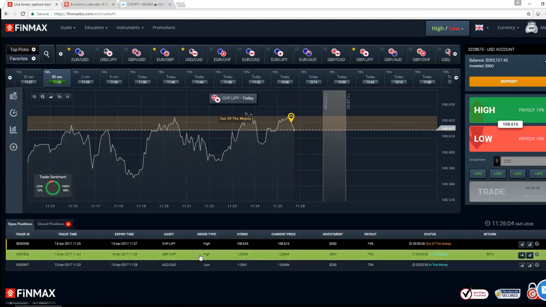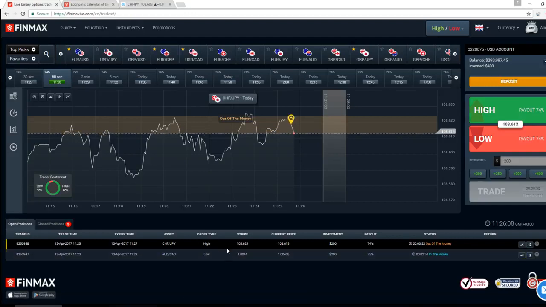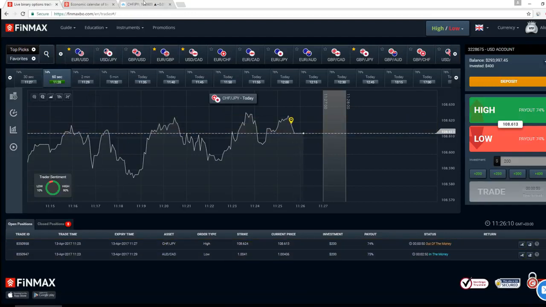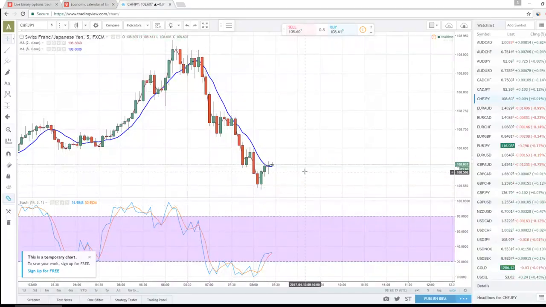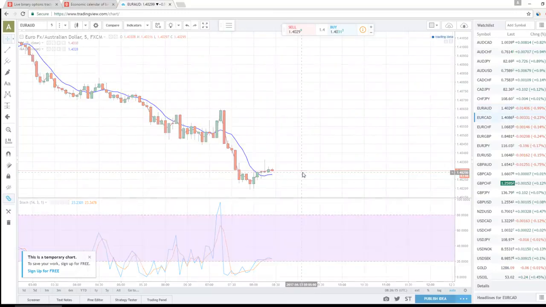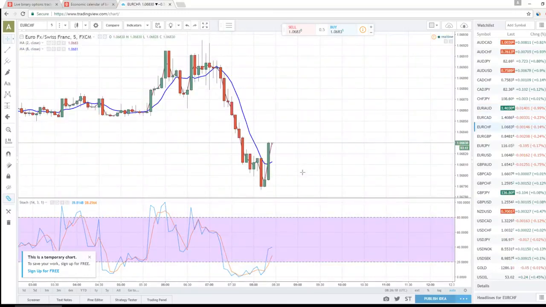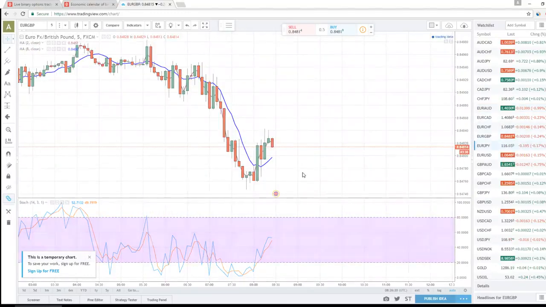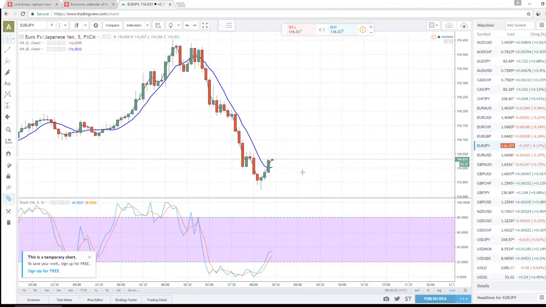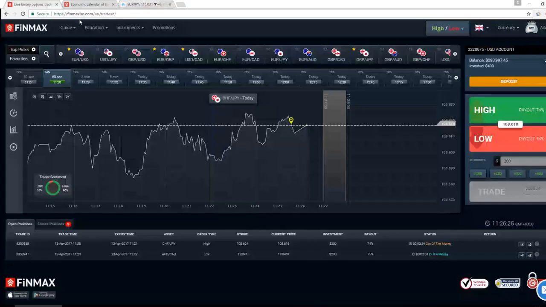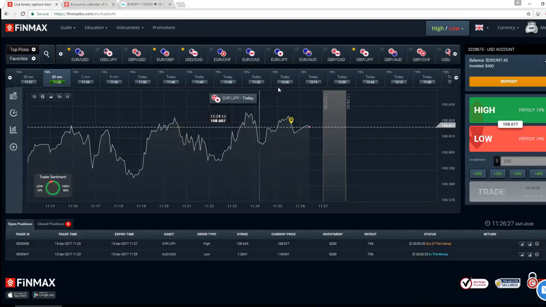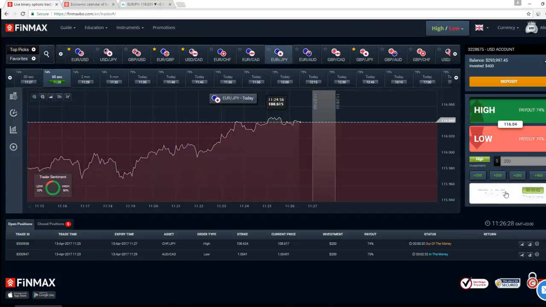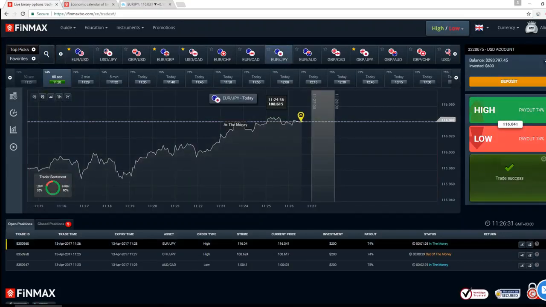Okay, British pound closed in the money, and currently we have 2 open trades. Let's also enter for Euro JPY for high. Okay.